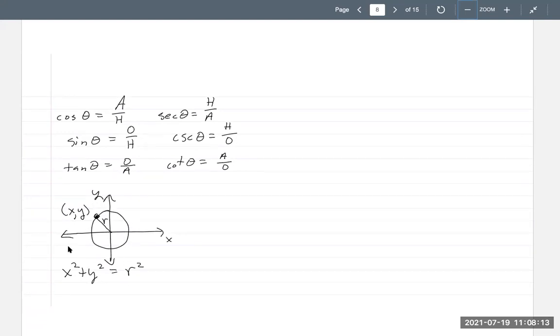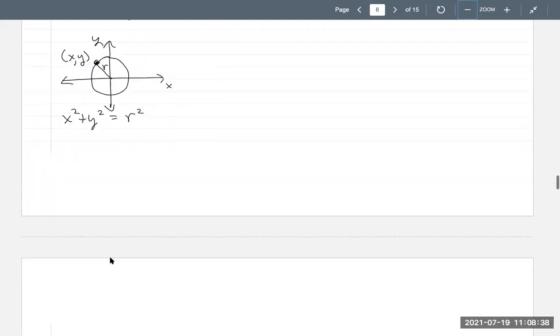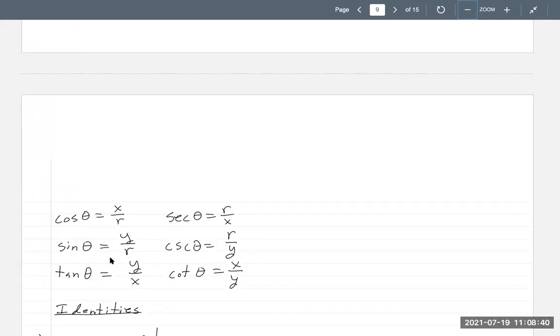Recall that you can define right angle trigonometry in terms of a circle of radius r centered at the origin for some coordinate system. If a point (x, y) is on the circle, then I can associate with these coordinates of your ordered pair the following trigonometric functions.